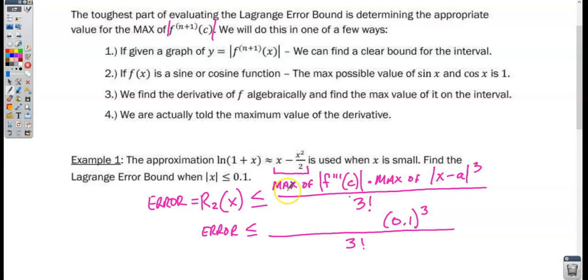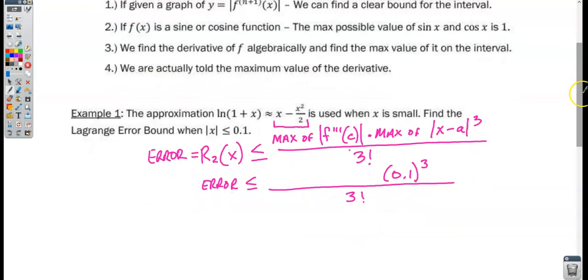And then the other piece I need is the maximum value of the third derivative of f on this interval. Okay, so let's find the derivatives of f. Here's our function. And when we talk about the derivatives of f, we're talking about the function, not the polynomial approximation. If we took the third derivative of this polynomial approximation, it would always be 0.